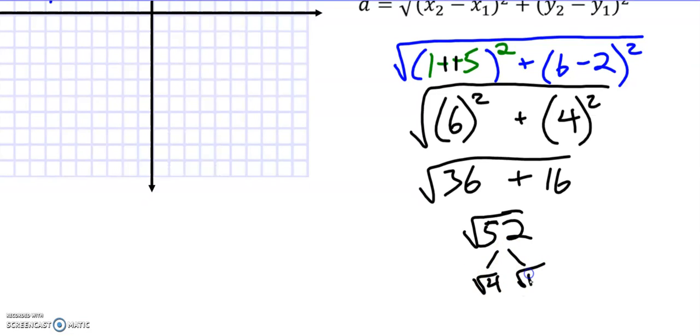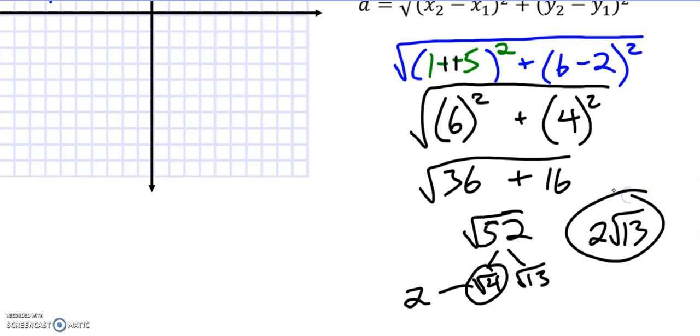Or they may ask you to round it to the nearest tenth or something like that if you get the decimal. Anyway, 4 and 13 both go into 52. I always remember this one because there are 52 cards in a deck, 4 suits, 13 cards per suit. But anyway, we know the square root of 4 is 2, so we could also say that this simplified radical is 2 square root of 13, and that would be the distance.